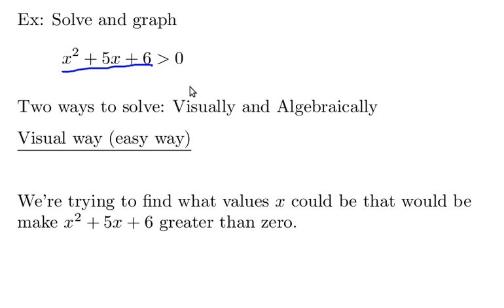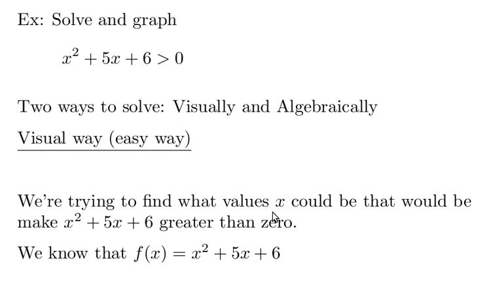Okay, well, let's take a look at a related problem. So let's say we know that f of x equals x squared plus 5x plus 6. We know that f of x equals x squared plus 5x plus 6 is a parabola. We know that because of one of the previous videos. I don't remember which section number it is.